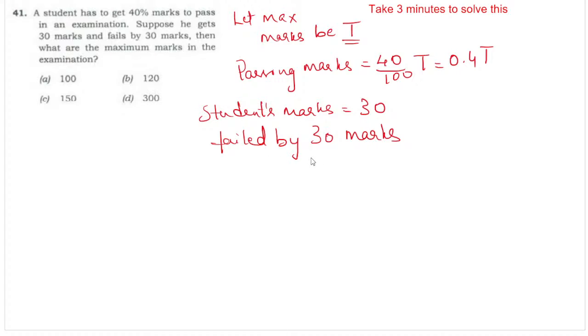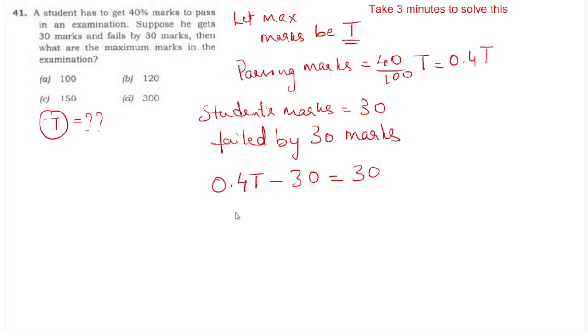So if he has failed by 30 marks, then the difference between his marks and the passing marks would be 30. So the passing marks 0.4T minus his marks 30 is 30, and we have to find out the maximum marks T here. This is what we have to calculate.